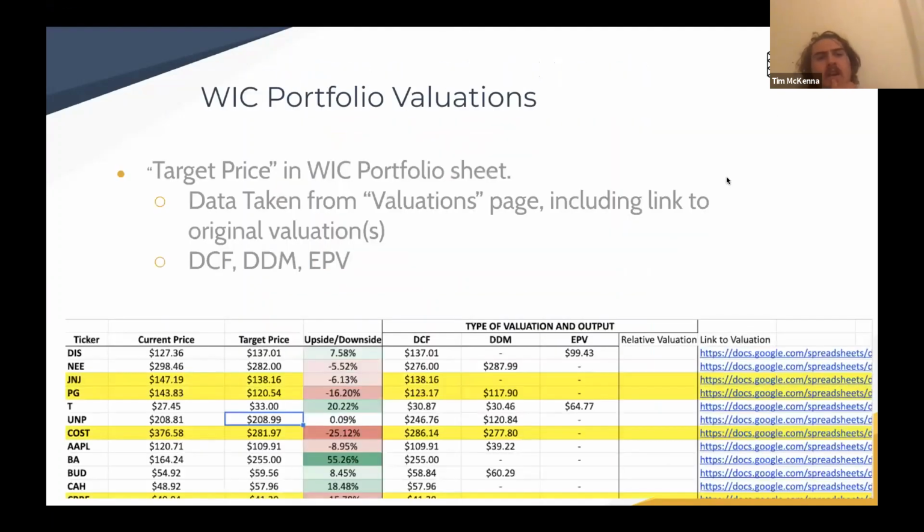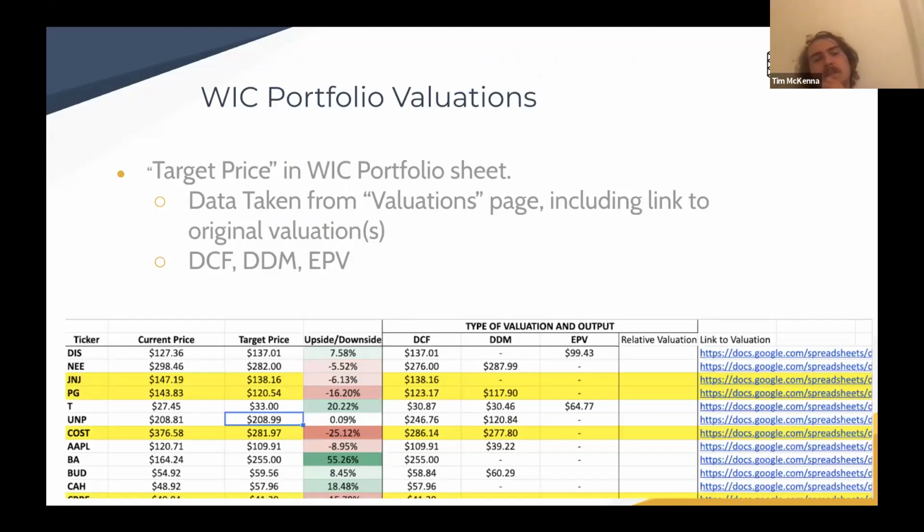Currently in our portfolio master sheet on Google Sheets, there's a column called target price. That's a summation of the valuations that have been created, which you can see on a separate sheet called the valuations page. Those are created from an average of the DCF, the DDM, and the EPV.